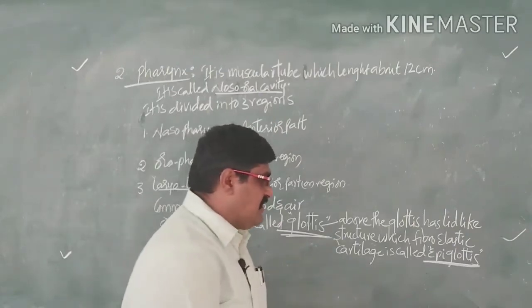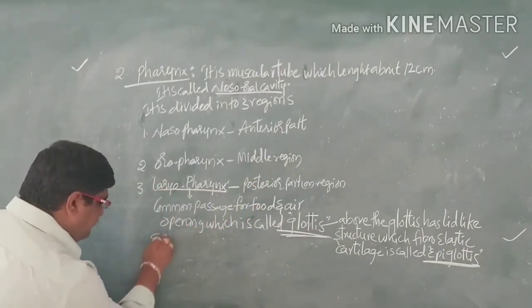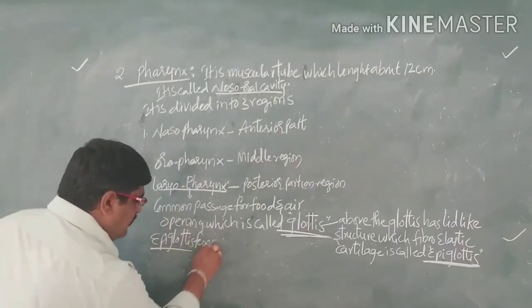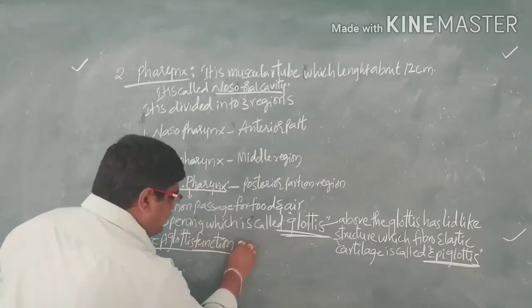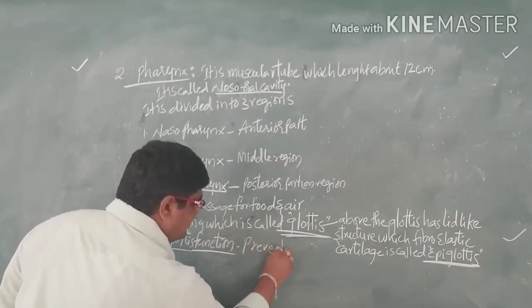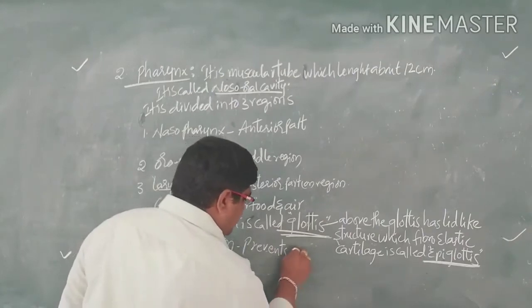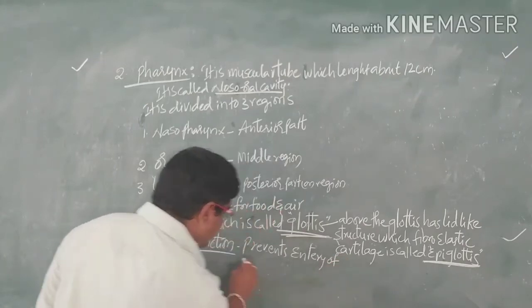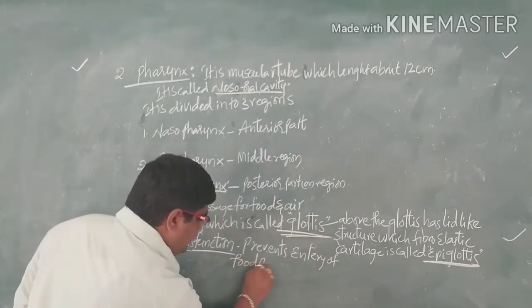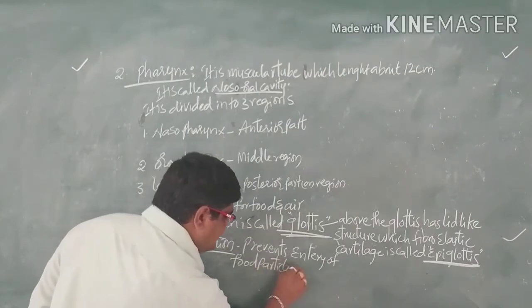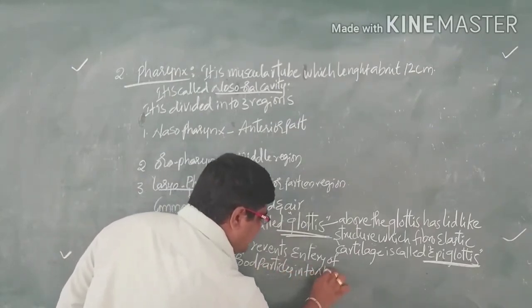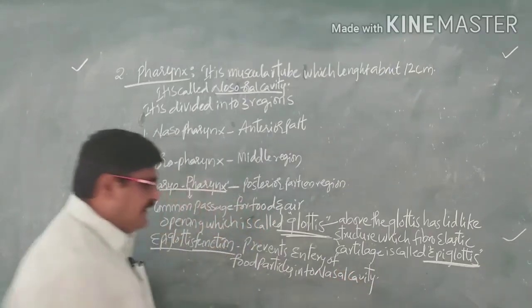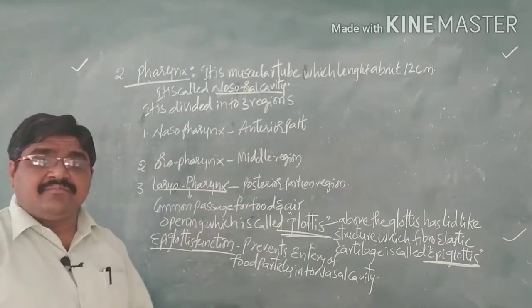The main function of the epiglottis is that it prevents the entry of food particles.